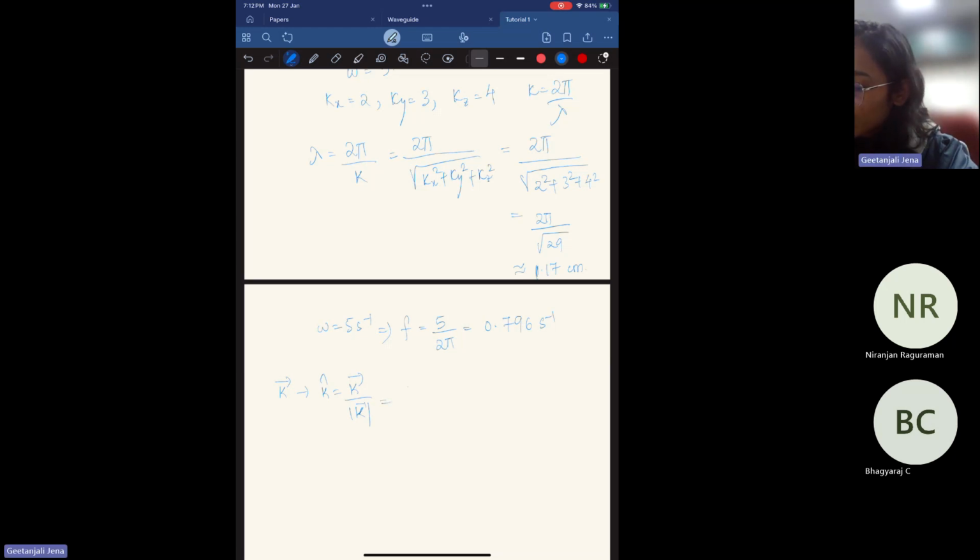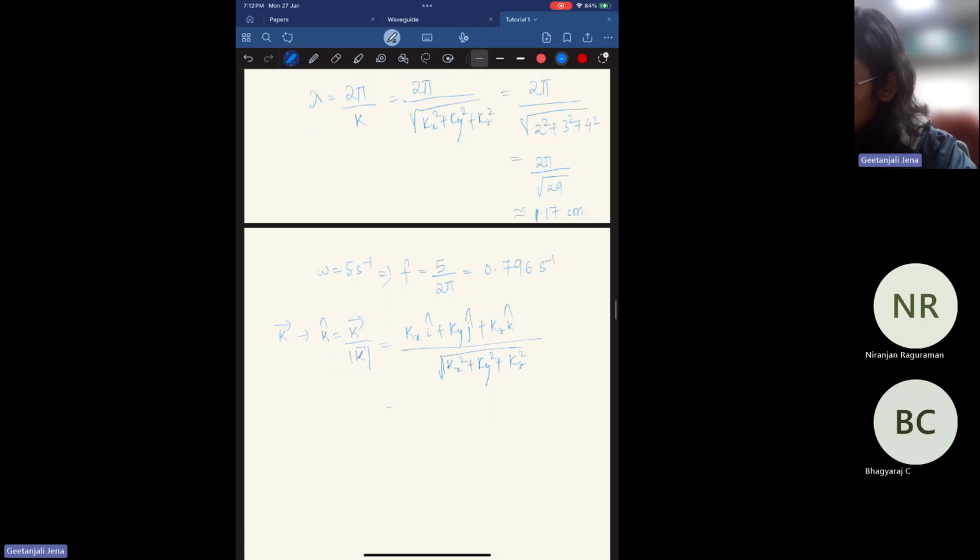And the k vector is kx i cap plus ky j cap plus kz k cap, divided by mod of k, that is root over of kx square plus ky square plus kz square.